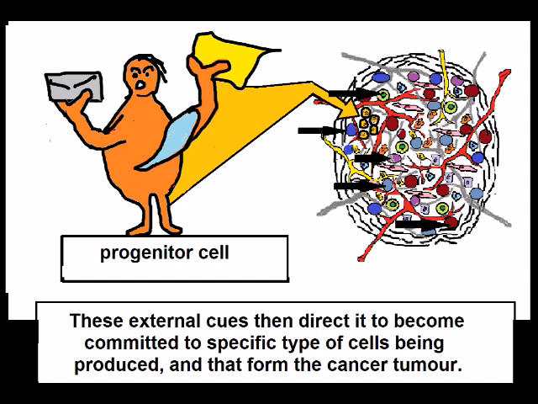These external cues then direct it to become committed to specific types of cells being produced and that form the cancer tumour.